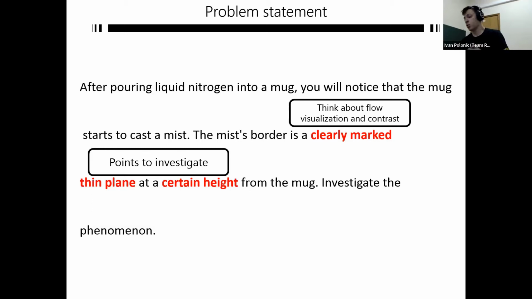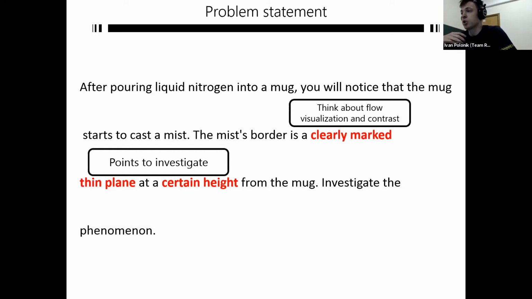So first, because later in the discussion we will come to points to improve the reporter's experimental setup, the problem statement also asks us to think about the shape of the plane and the height at which this plane is located. So in the report there was some investigation about the height location, the height of the plane.